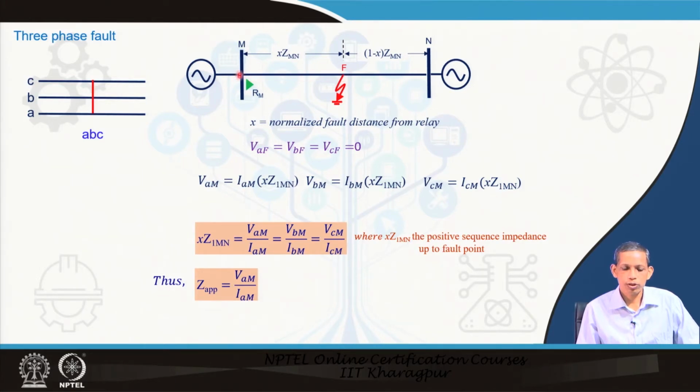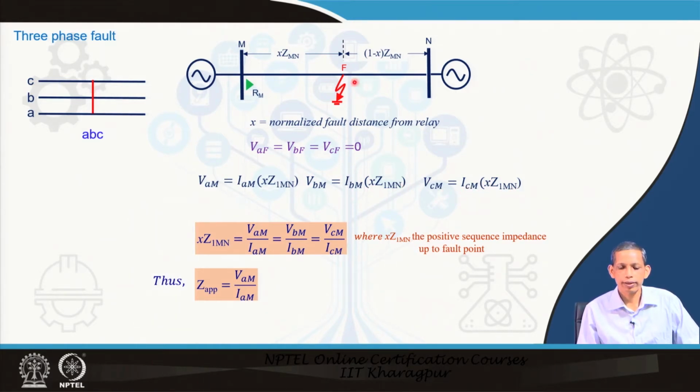So, this voltage becomes Vm, the corresponding current in phase A becomes Im, and similarly Vbm equals Ibm into this impedance, and Vcm equals Icm into this impedance.